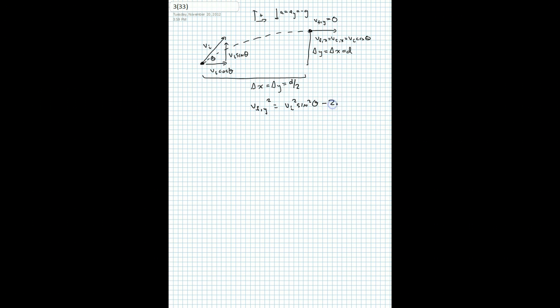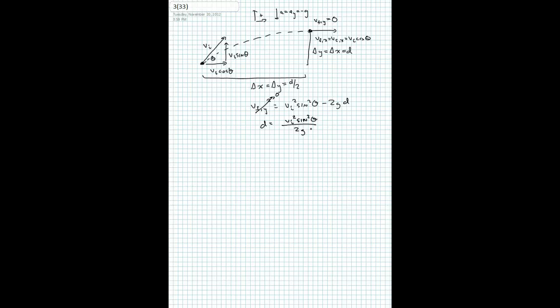The a is negative g, and that delta y we've called d. So this goes to 0, and my d, my maximum height, is vi squared sine squared theta over 2 times g.